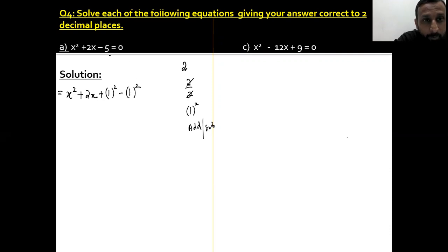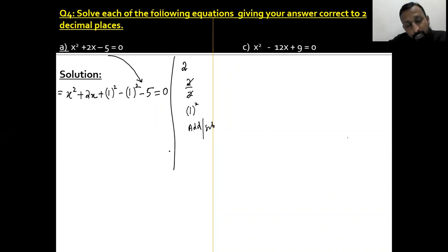And then finally, I'm going to write the last term minus 5 is equal to 0. I hope this makes sense to you guys. What I did, I took the coefficient of x, that is 2. I divided by 2. 2 upon 2 is 1. So 1, I need to square it, and then I need to add and subtract it in the given equation, right?